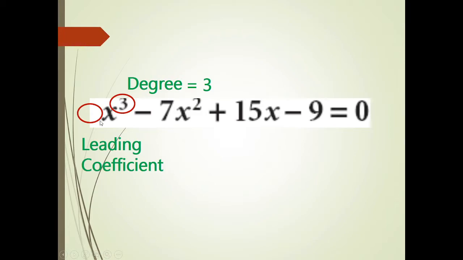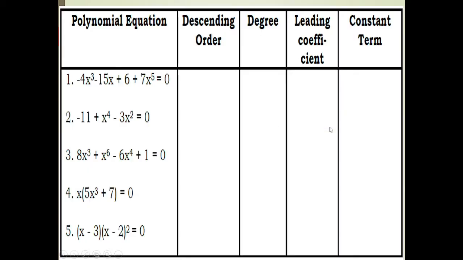The leading coefficient. But it has no number. So, di ba, pag no number, understood, it is 1. And then, kailangan din natin ang constant. So, the constant is negative 9.